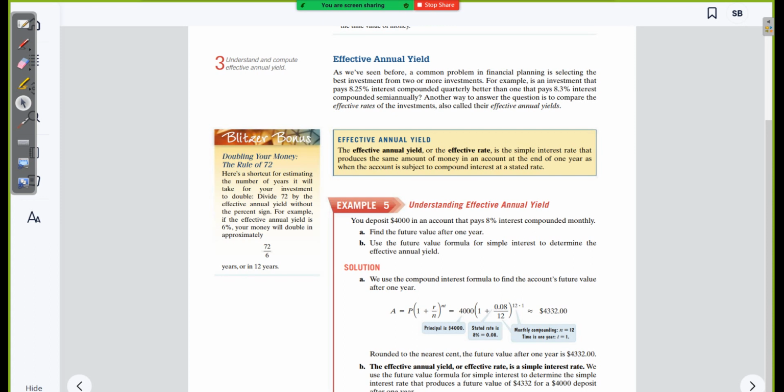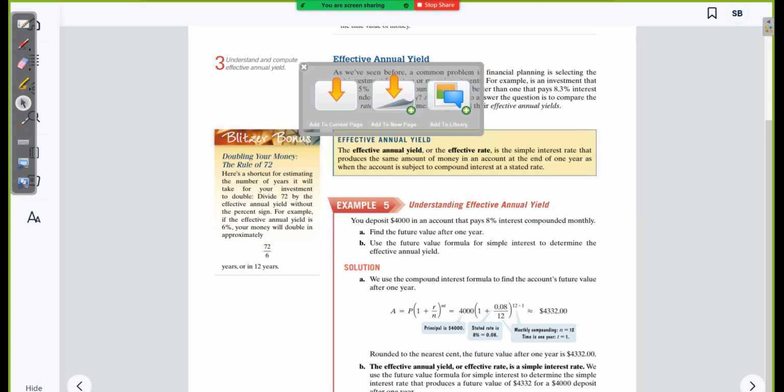Okay, all right. So effective annual yield. More vocabulary to gnaw on here. Let's go ahead and snip everything. That's not too much. Hopefully the problem will fit.